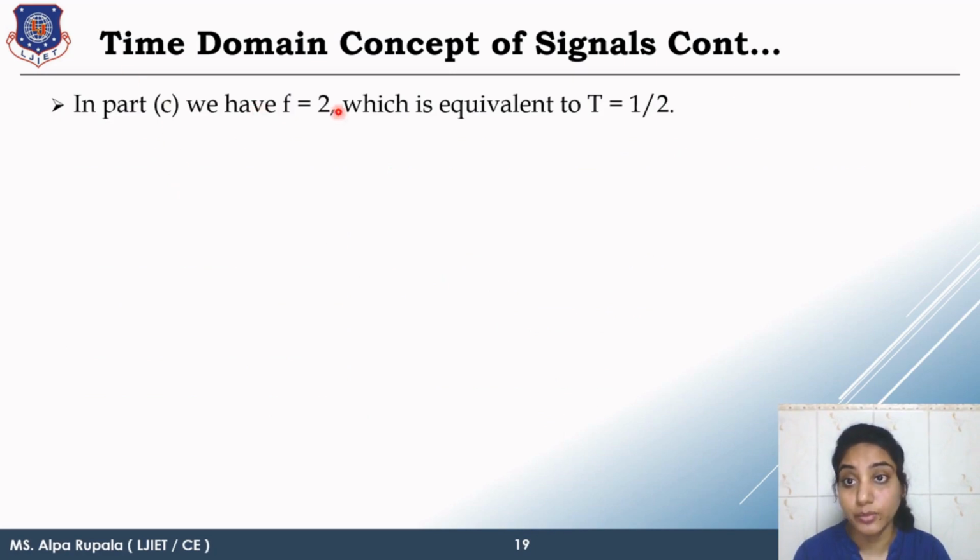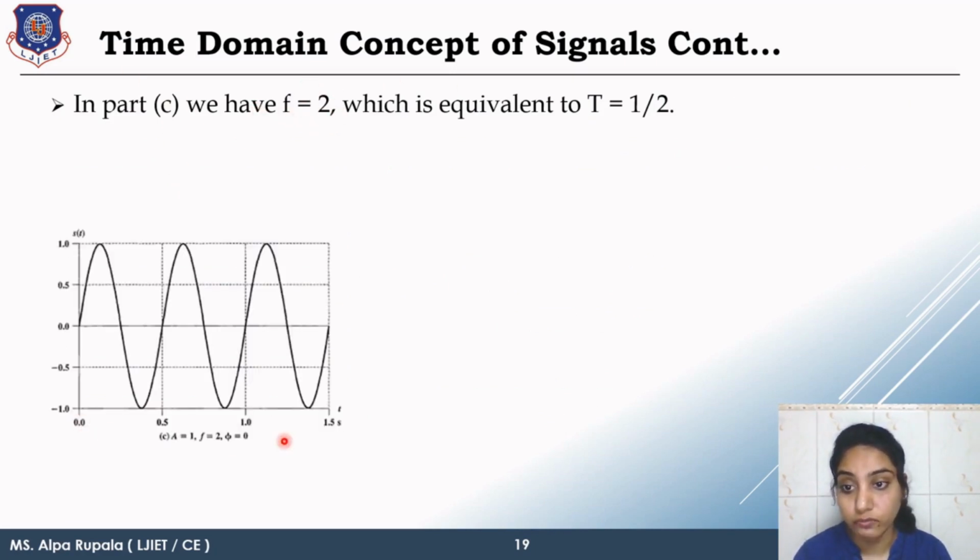Suppose we have a frequency value of 2. That means for 1 second of time, my signal will repeat itself twice. This is the first and this is the second. Amplitude is 1 only.